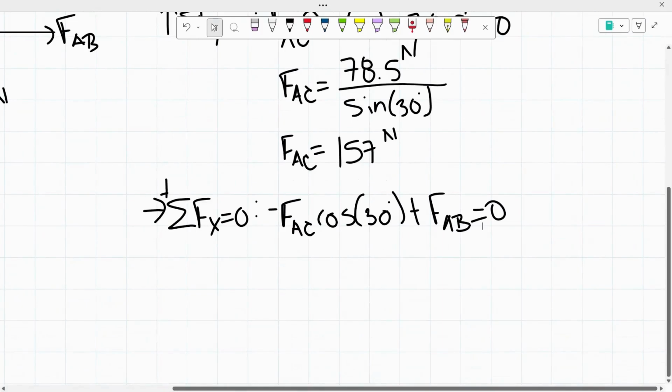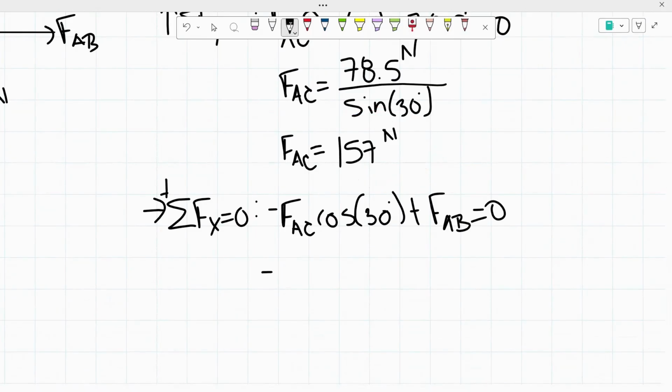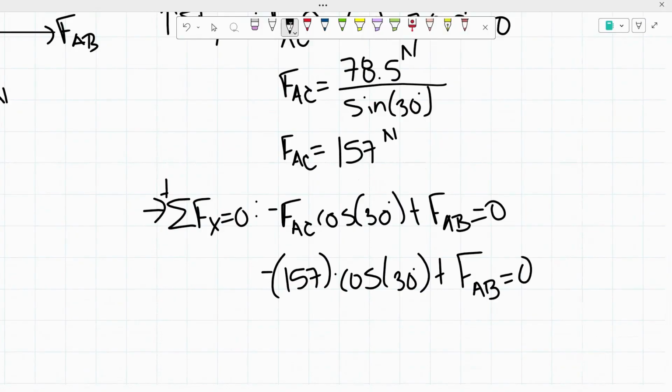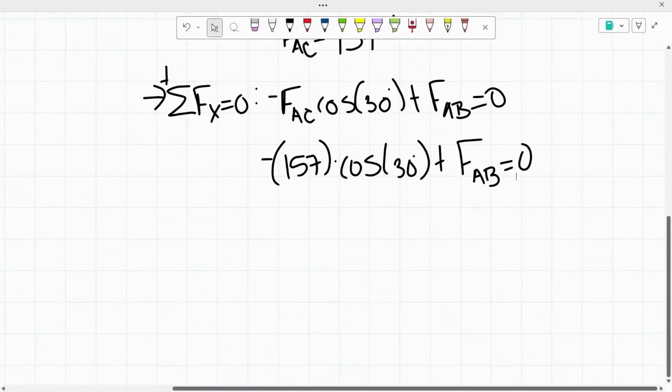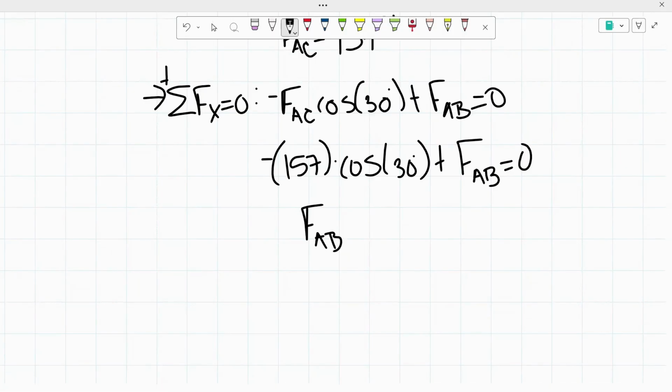We found the force of AC earlier on, so we could simply plug that in. So negative 157 times cosine of 30 degrees plus the force of AB has to equal 0. Solving for the force of AB, we get 136 newtons.